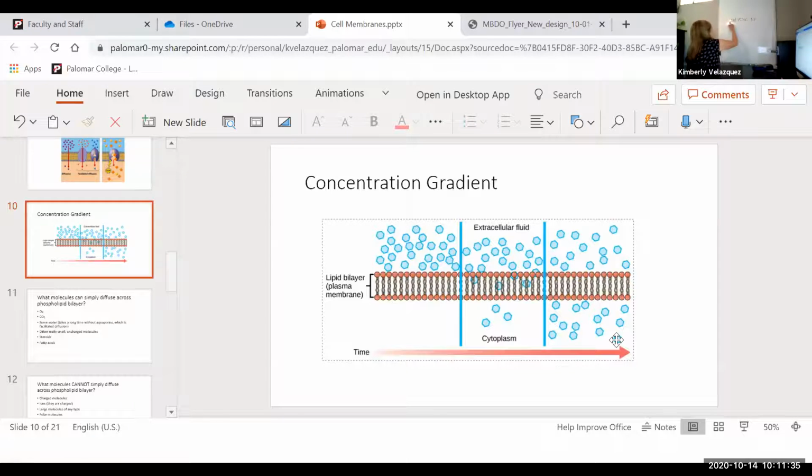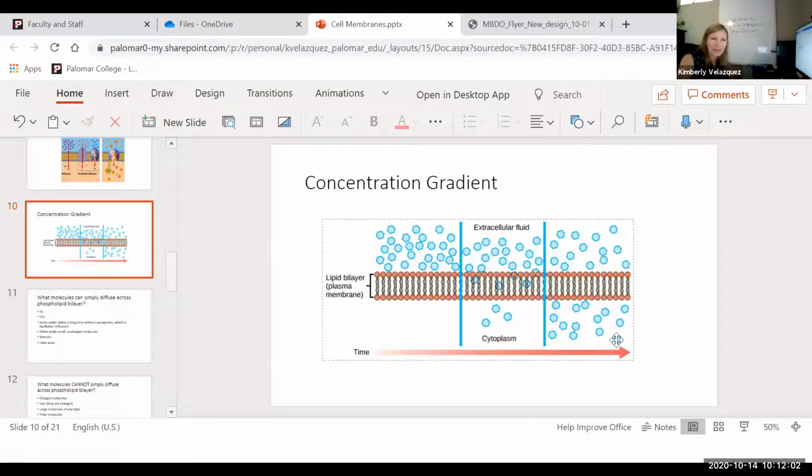So the end result of passive transport is equilibrium. A state of being equal. So we want the molecules to be equal on both sides of the membrane. So in the ECF and the ICF, they would be equal.